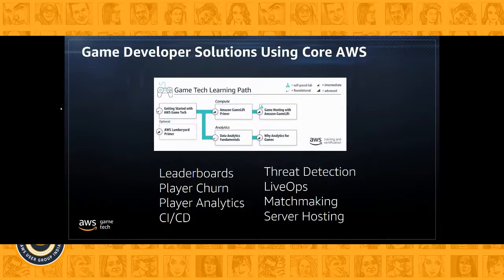Any sort of threat detection. There are different ways, especially with artificial intelligence and machine learning, of looking at different threats once you have launched your game. Of course, live ops. A lot of the things I previously mentioned fall within live ops. Matchmaking and server hosting. So a lot of different options, a lot of different solutions.